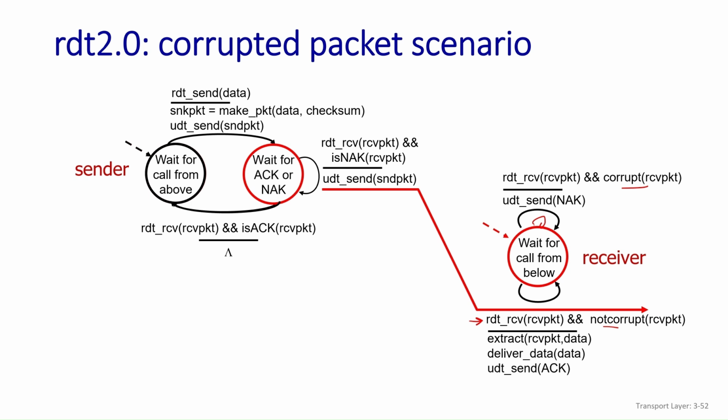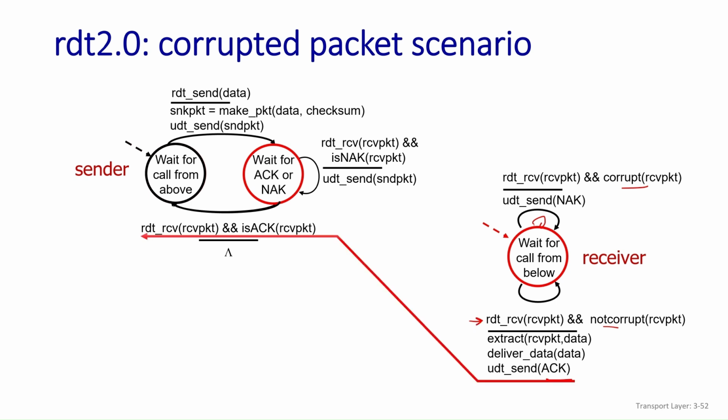These are the actions: the packet will be forwarded to the application layer, and most importantly, the receiver will send an acknowledgement. So this is the event that takes place for this transition from wait for ACK or NAK to wait for call from above. Is it clear?